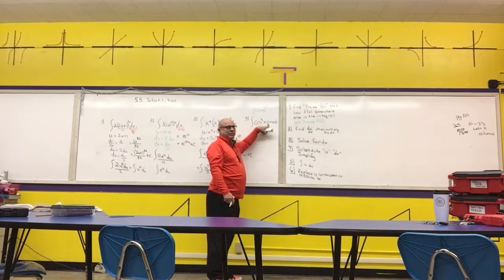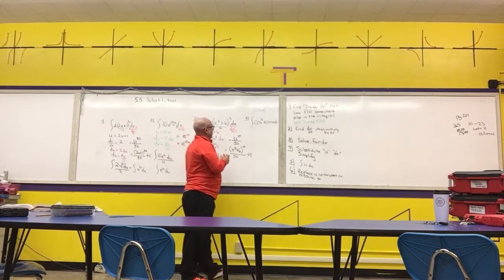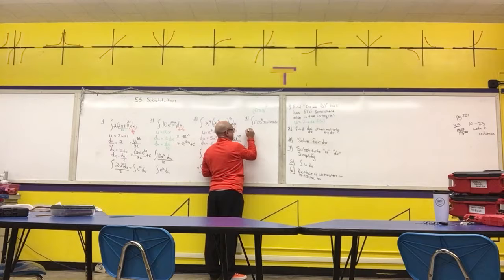Well, I have a sine times negative 1. It's okay to be off by a constant multiple. So I'm going to let u equal cosine x. du is equal to negative sine x dx. Solve for dx, and I get dx is equal to du over negative sine x.